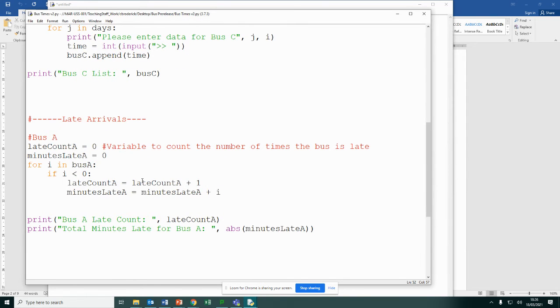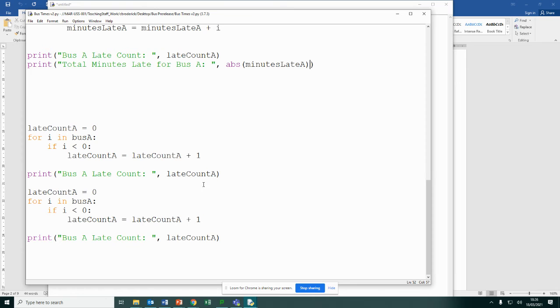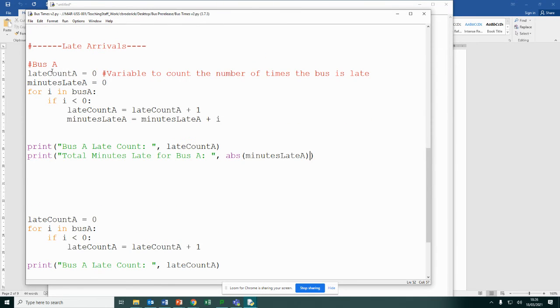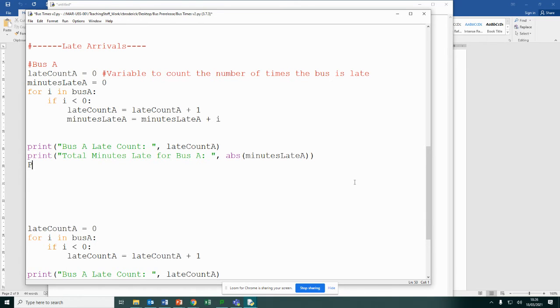Now what you'd need to do, obviously, is copy this for bus B and bus C. Actually, no, we wouldn't. What we need to do is print out the average number of minutes late.